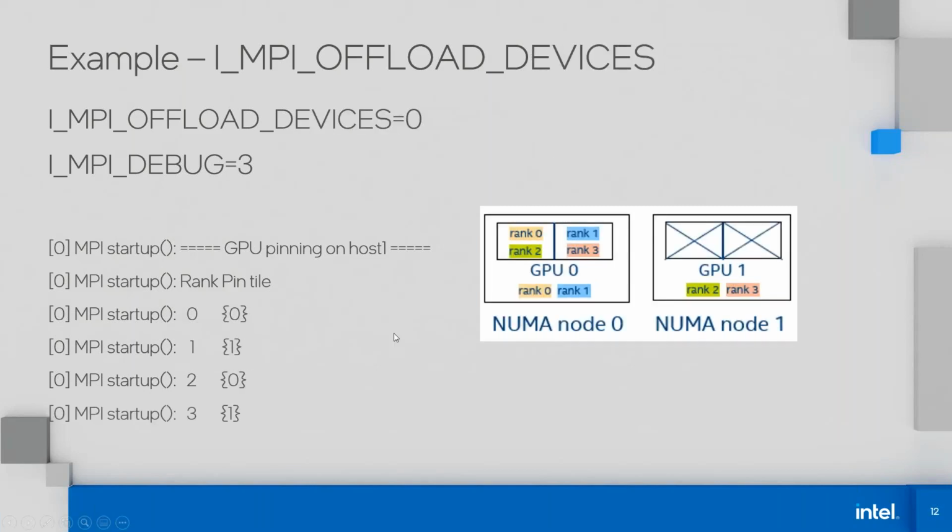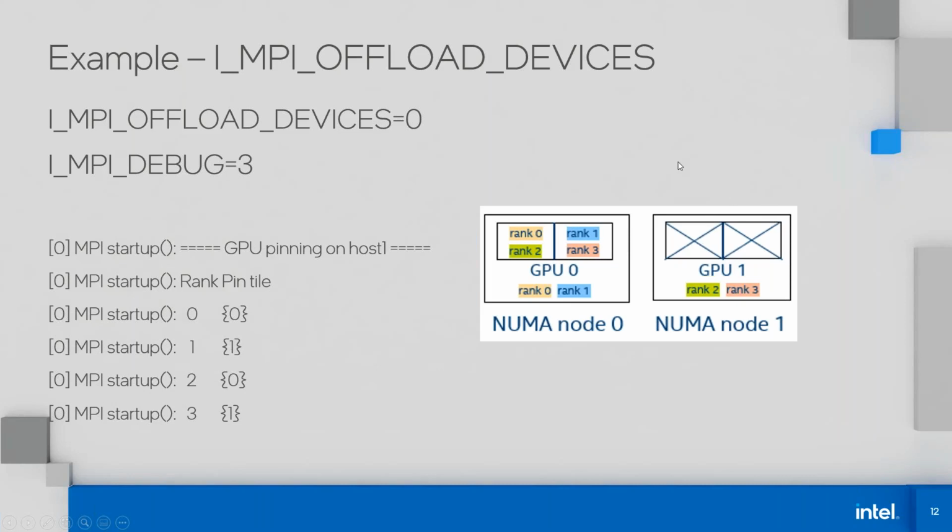The I_MPI_OFFLOAD_DEVICES variable. This variable controls which devices are available for pinning. By default, all devices are available, but you can disable some of the devices for some reason. The device here is the full GPU with all tiles, so you cannot disable one tile, just the full GPU.